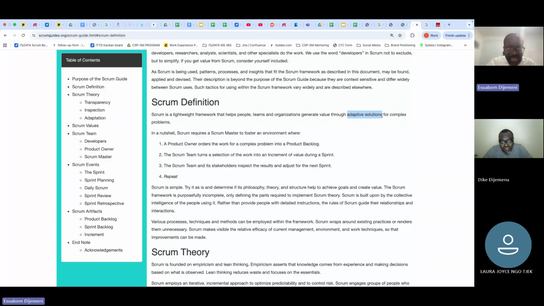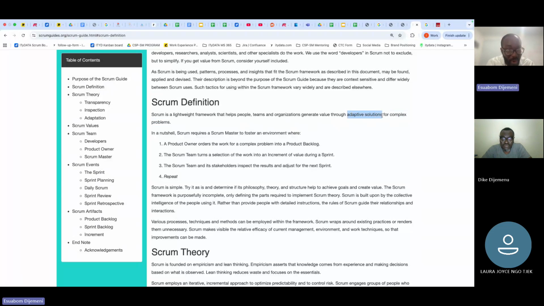If your solution doesn't need to adapt to any environment, which is an inherent property of having complexity though, but if you have a static solution and your consumer is willing to pay you for that static solution, come rain, come sunshine, there's no need for adaptability, then you don't need Scrum.